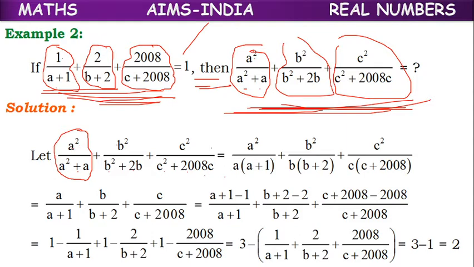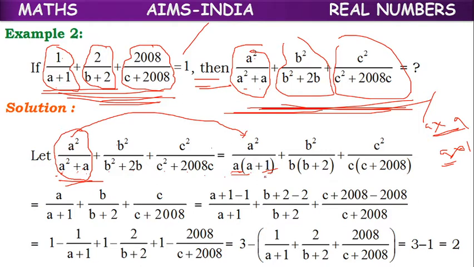In the first term, in the denominator, if we take a as common, because a square is nothing but a into a, if we take one a as common, another a will remain. A is nothing but a into 1. So if we take a as common, 1 will remain. So this first term can be written as a square by a into a plus 1.